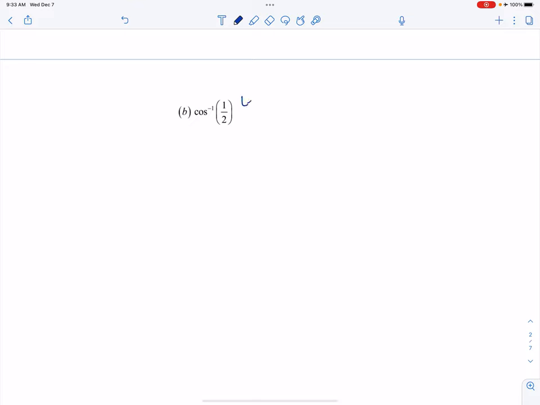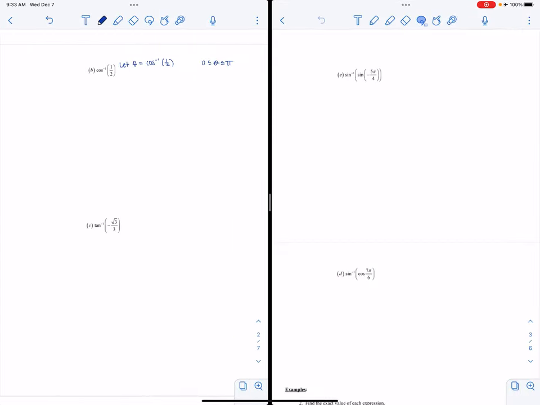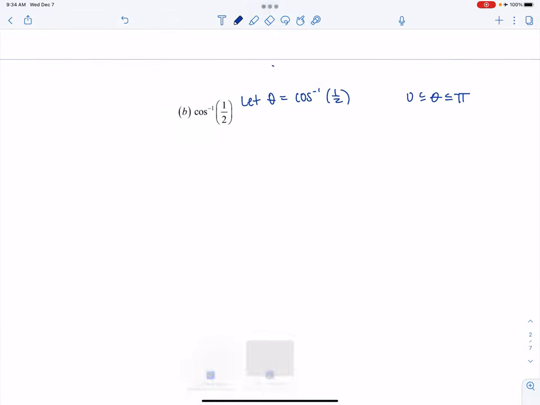So I'm going to let theta equal cosine inverse of 1/2. And we are between 0 and pi. Okay, 0 and pi.